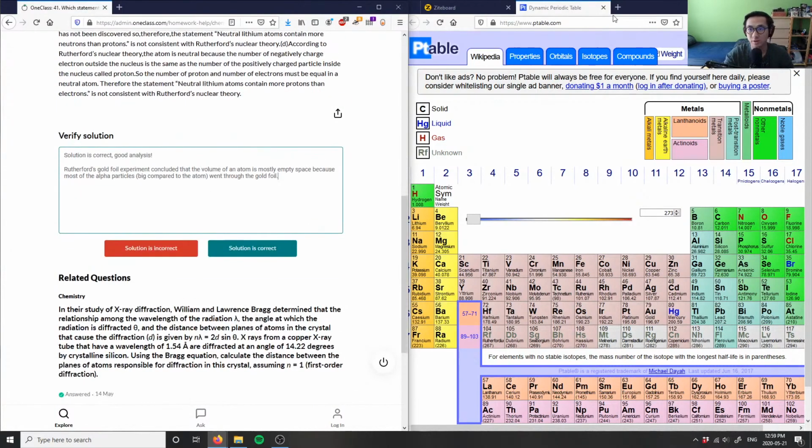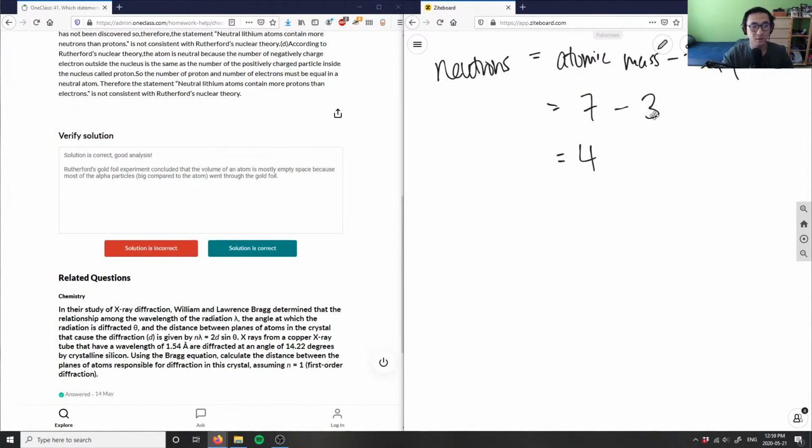So this solution is correct and is a good analysis as well.